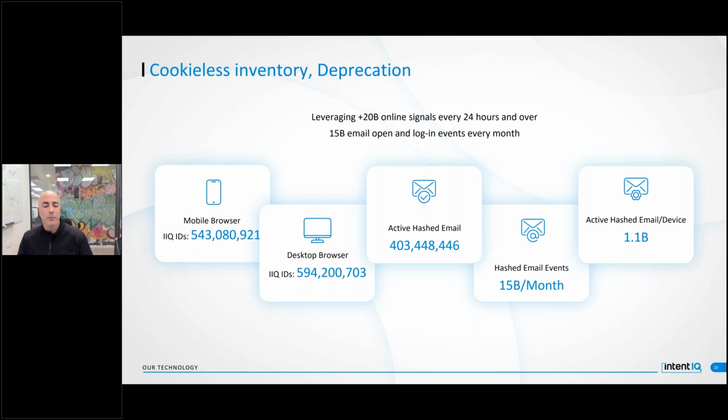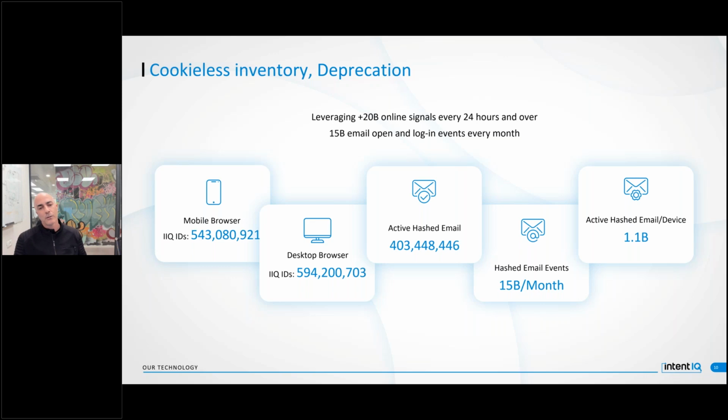I want to stop here for a second. In many cases, I've been in those webinars and hearing about companies claiming that they have 3 billion cookies or 3 billion IDs on browser. The fact is that in the entire North America, there are around 340 million people, including infant, adult, all of them. So the fact is that the number of actual IDs on browser is approximately 200 to 250 million.